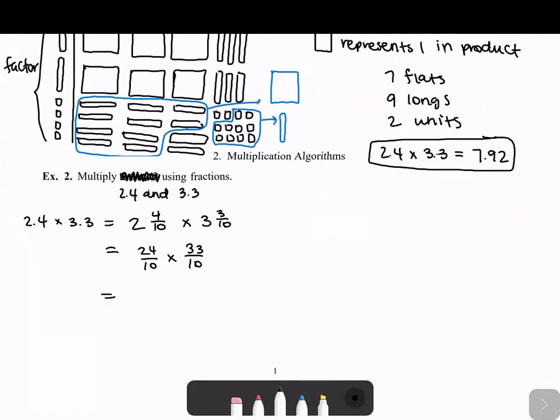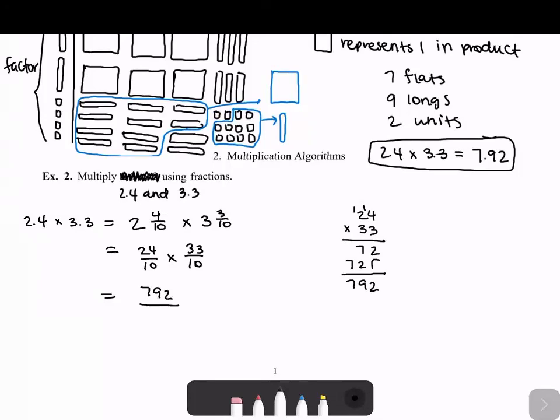You can also rewrite this using the prime factorization, however you want to do it. But if we do 24 and 33 over here is a little scratch work. 3 times 4 is 12, carry the 1, and so on, and this is how we get 792. So we're going to get 792.